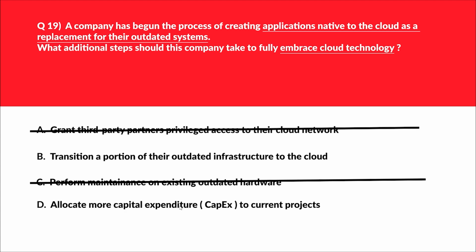We know that when we move from on-premises to cloud, our capital expenditure reduces because we don't have to pay infrastructure costs like rent on the building, payment to the security guards, etc. Moving to cloud means we are focusing more on operational expenditure, also known as OPEX, rather than capital expenditure. This is incorrect. We'll reject this. We are left with option B, and it is the correct answer.